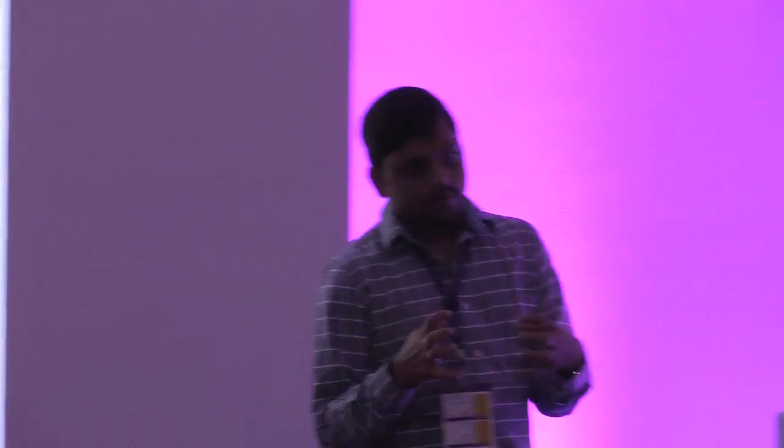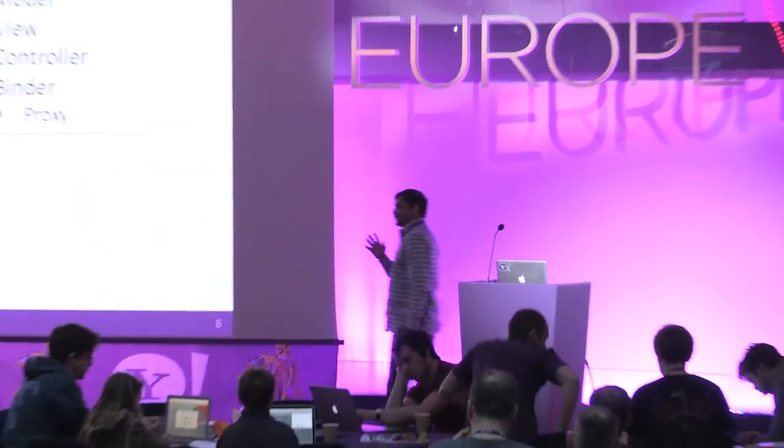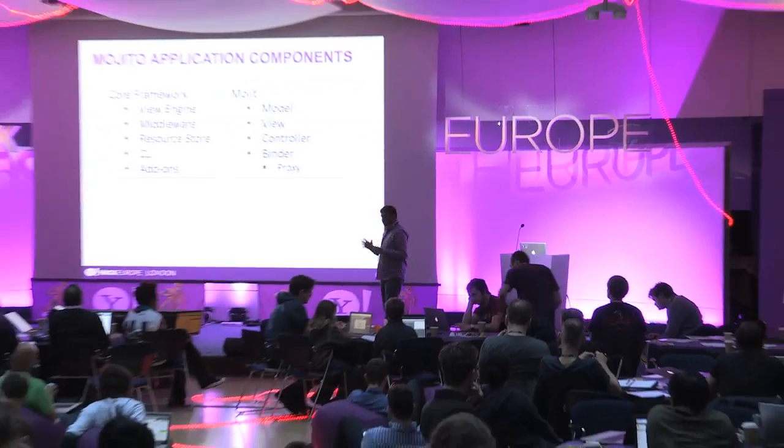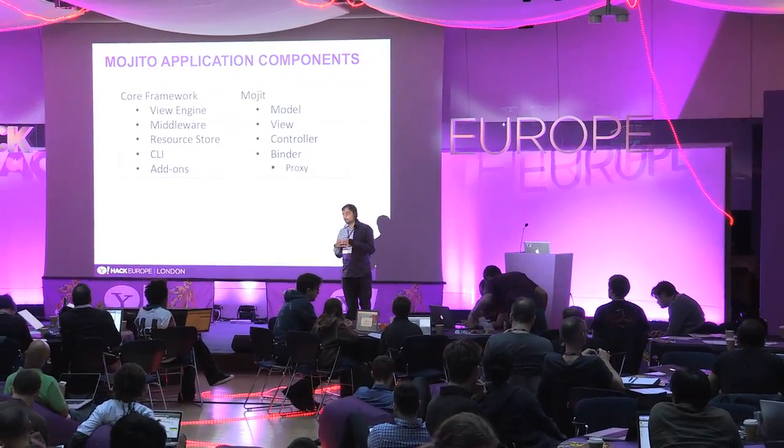Now, Mojito applications, I mentioned, are an MVC framework. So somewhere we should have a model, a view, and a controller. These three units, when put together, build what are known as Mojito widgets, or Mojits. So a Mojit is your unit component that you can deploy within an application.